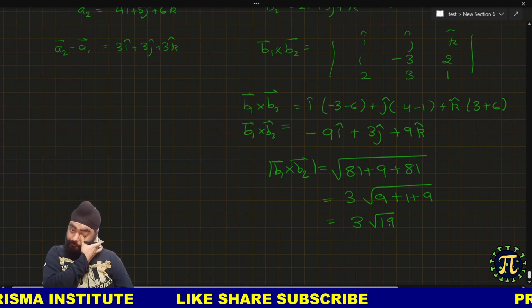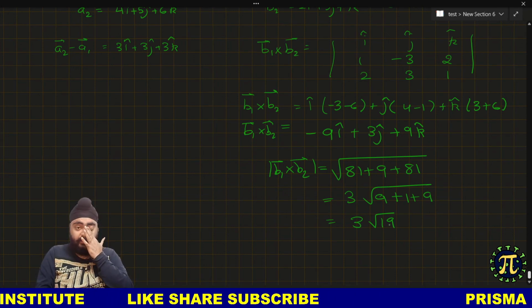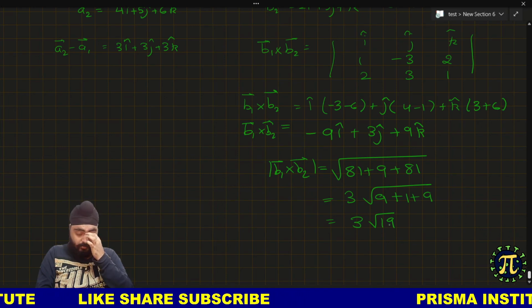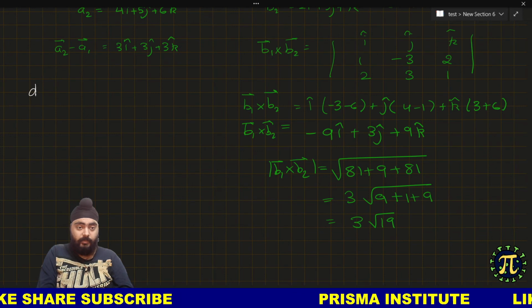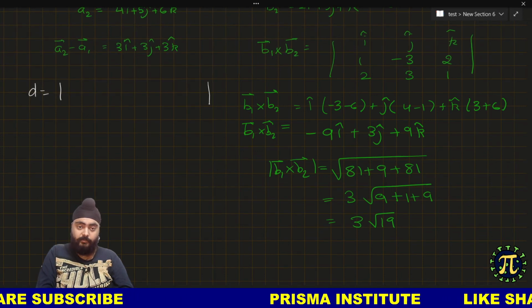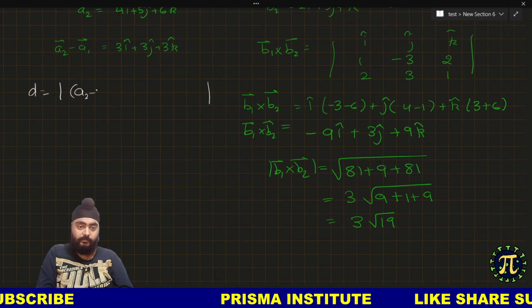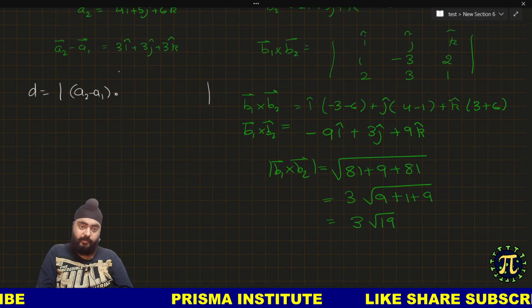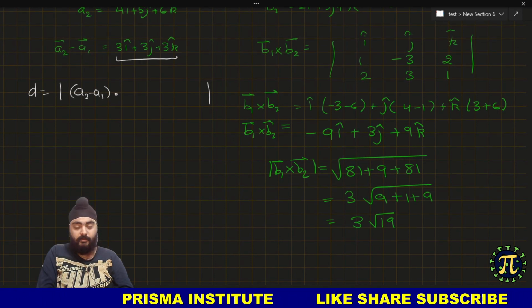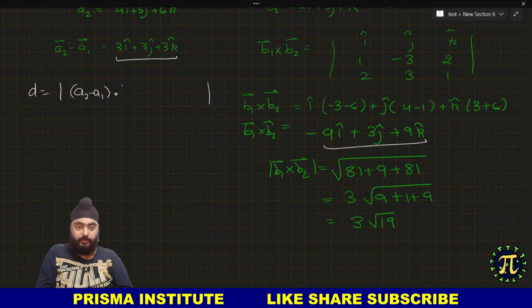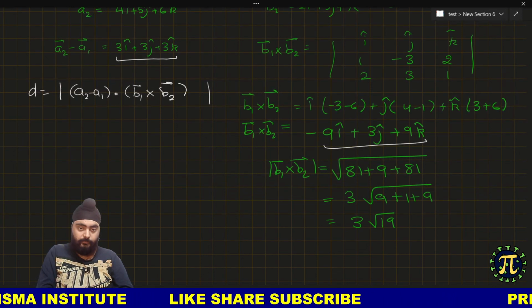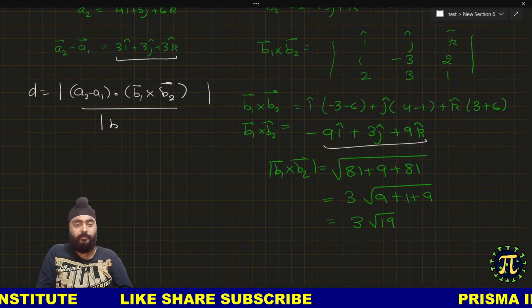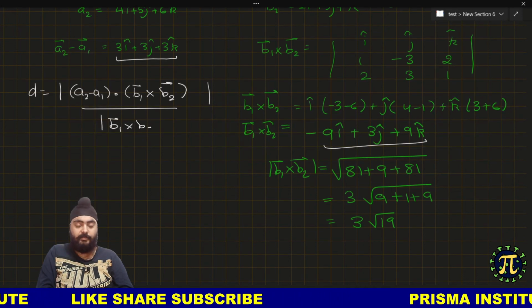Now let's put it in the formula. Distance between skew lines is defined as modulus of a2 minus a1 का dot product, so which is this vector, इसका dot product with this vector, so b1 cross b2 divided by magnitude of b1 cross b2 जो हमने already calculate कर लिया.